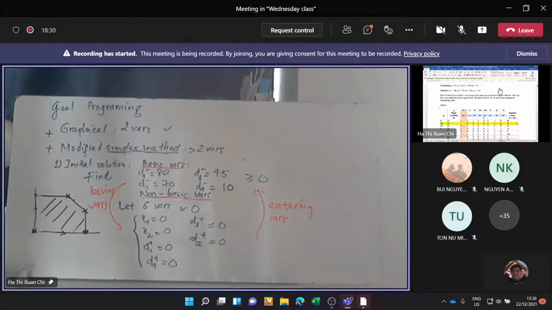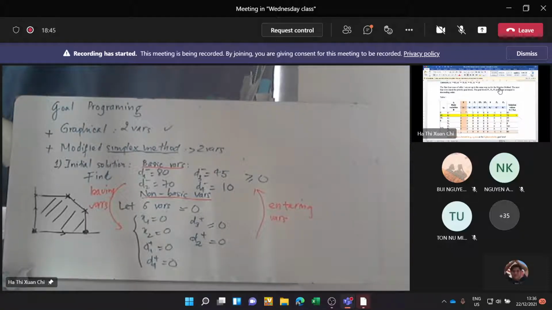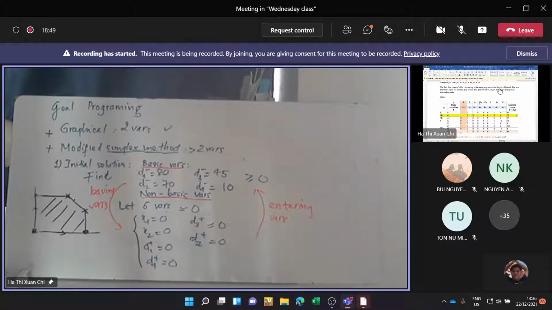But if you just do it normally, you can put D2 plus and D3 plus in here. So I put all the variables in the second row. And what do I fill now in the first row?